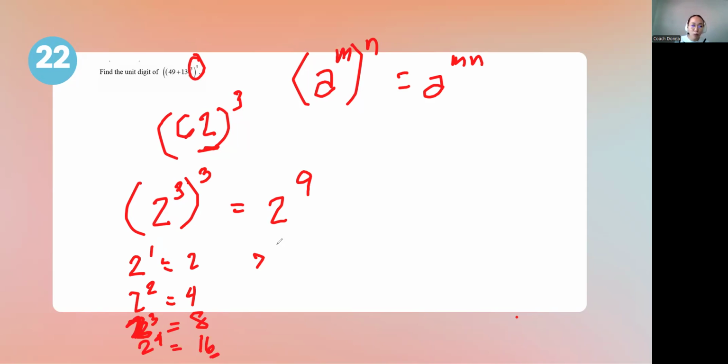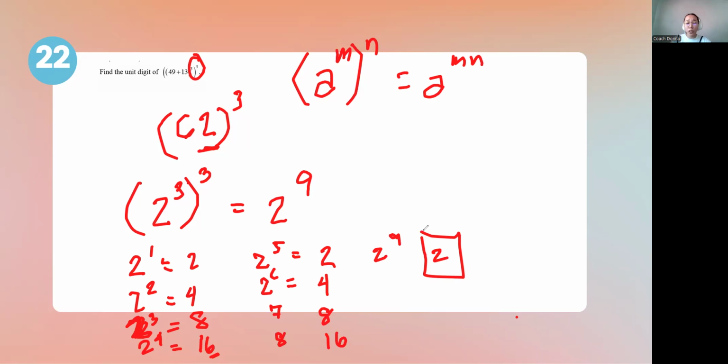And then 2 raised to 5, 2 times 6, that ends with a 2. And if you continue doing that until you get to 9, you'll end up with a 4 again, an 8, and a 6 for the 6th, 7th, 8th, and then the 9th, you'll go back to a 2. So the unit digit for number 22 is a 2.